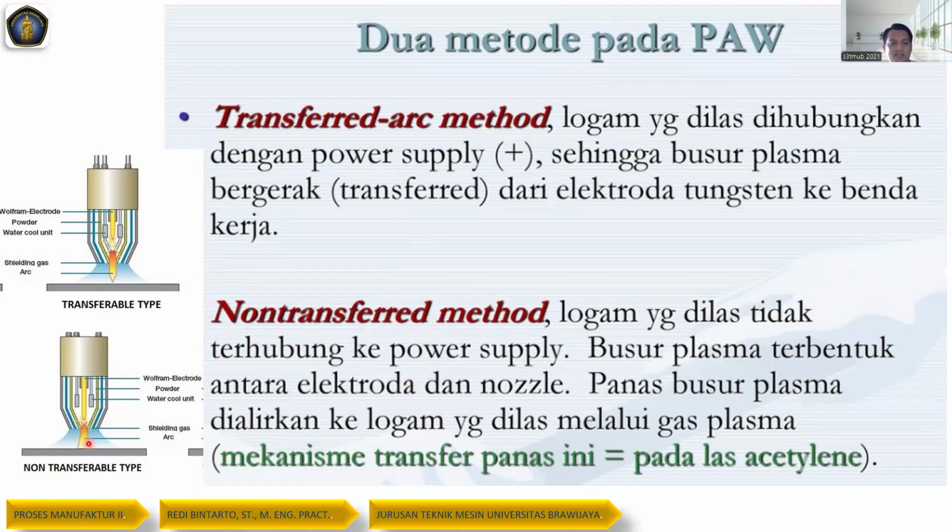The difference between the arcs is whether the current flows from the upper to the bottom, or from the bottom to the top. This is non-transfer. So the differences could produce different types of weld as well.